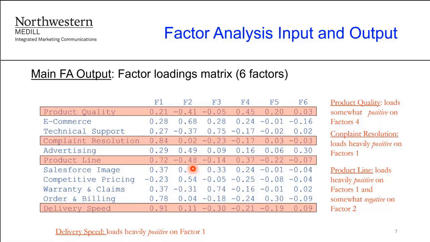And how about the delivery speed? It loads heavily positive on factor 1. The value is 0.91, so this is positive on factor 1. When you first get the factor loading matrix from the factor analysis, this is how we read the matrix.